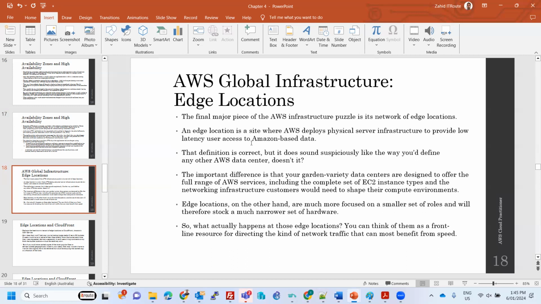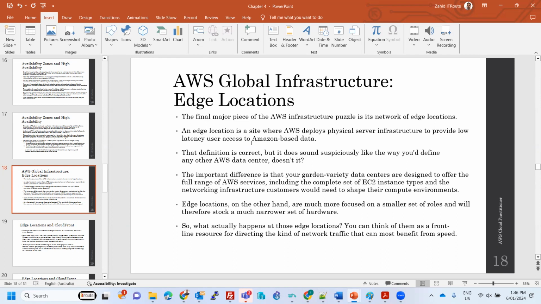That definition is correct, but it does sound suspiciously like the way you'd define any other AWS data center. The important difference is that garden variety data centers are designed to offer the full range of AWS services, including the complete range of EC2 instance types and the networking infrastructure customers would need to shape their compute environments.